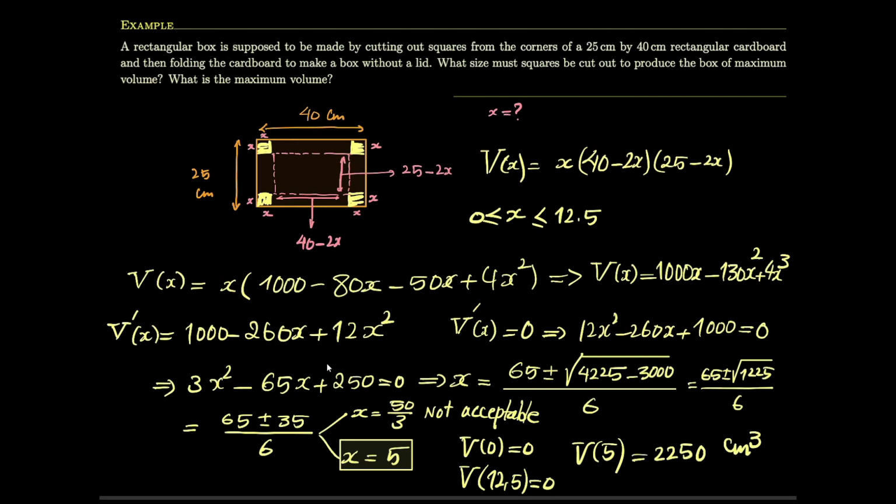You can check my calculations using calculator, it doesn't matter that much. But hopefully you realize that between these 3 numbers, of course this is the maximum. So this is the answer to the second part, what is the maximum volume? But how should I achieve the maximum value? By cutting how many centimeters, yes?